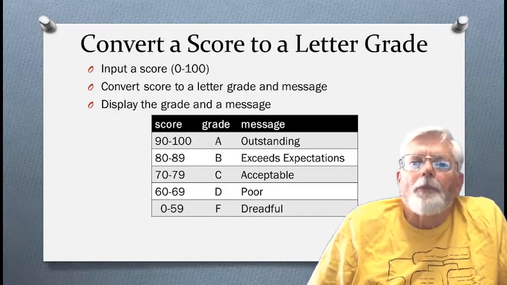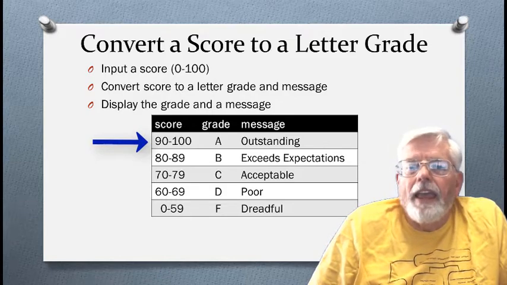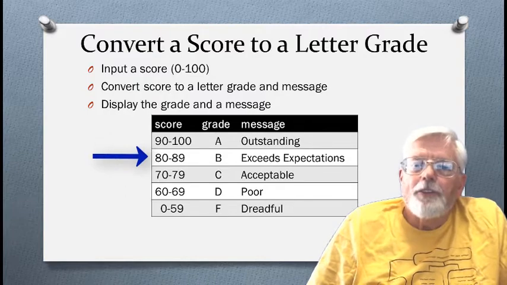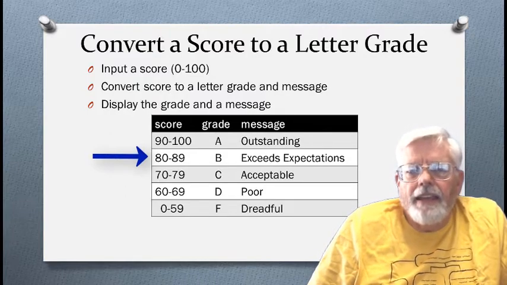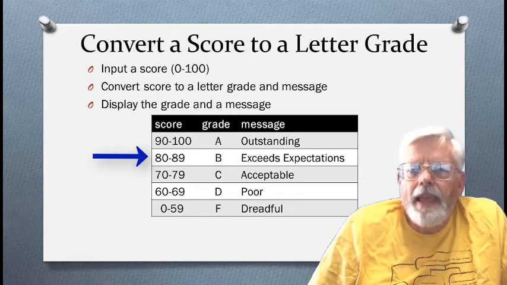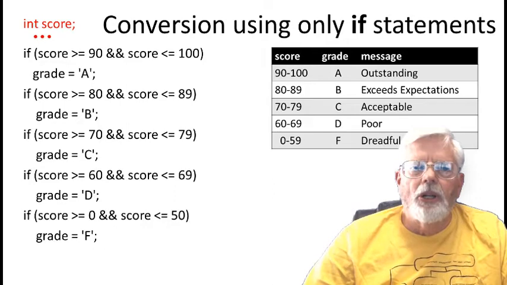Here it is. I'm going to test the score. 90 to 100 is an A, and also put out a message saying outstanding. If the score is 80 to 89, I'll put out a B and I'll set the grade to a B and put out a message that says exceeds expectations.